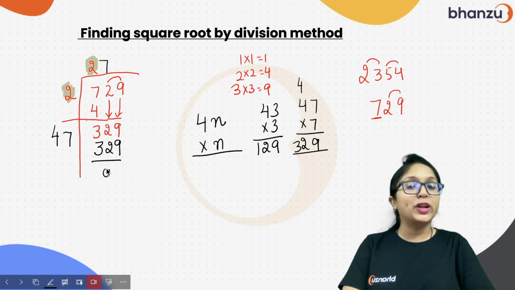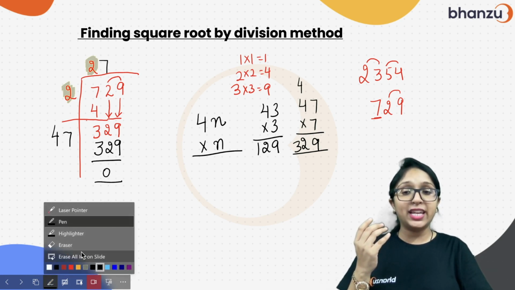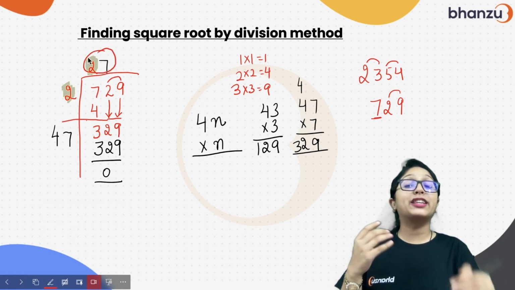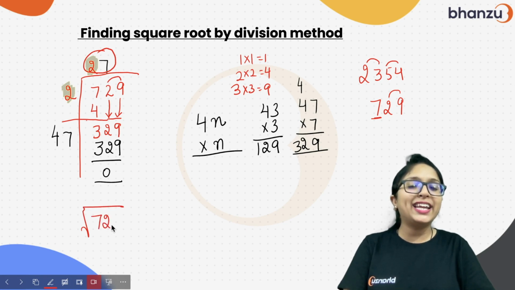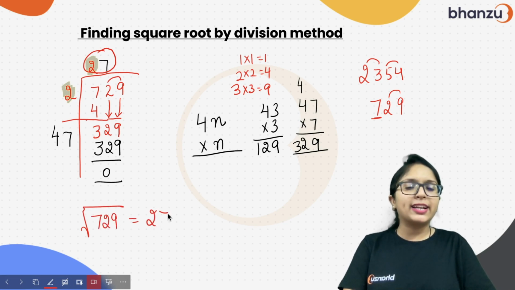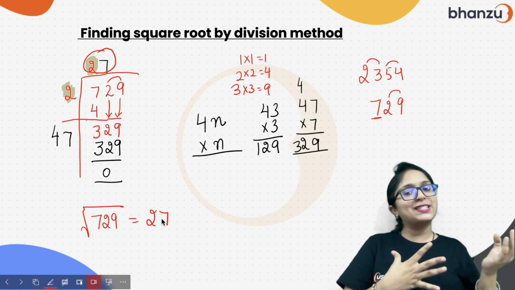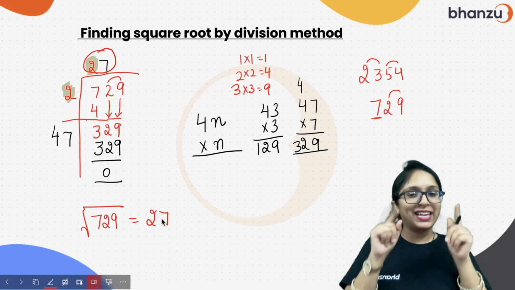And the remainder is going to be 0. So here the answer 27 that we can see on the top, this is nothing but the square root of 729. Did you like the method and did you understand? If you have any confusion with any of the steps, then you can go back and watch all the steps once again.